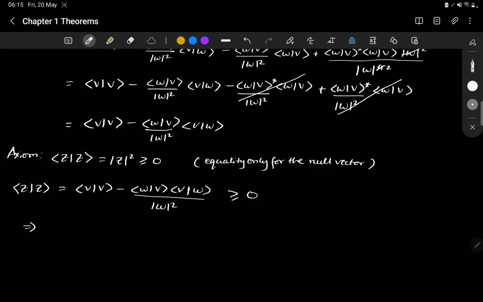Rearranging the above inequality, we get the following. Now this is nothing but mod v squared.